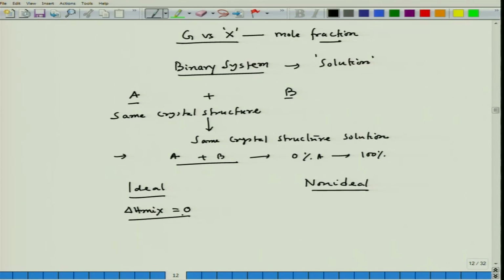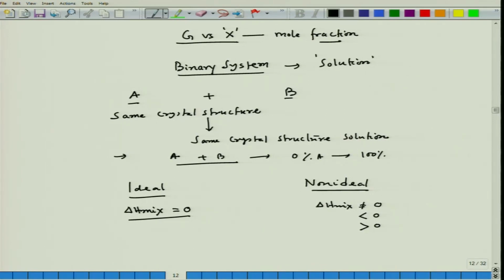And for non-ideal, del H mix can have non-zero values, which could be less than 0 or greater than 0, depending on the interaction between the atoms of element A and B. A atom can attract B atom or A atom can repel B atom.